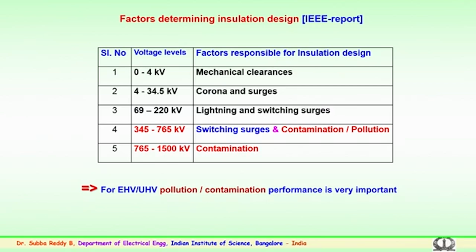So, for EHV, UHV, that is extra high voltage or ultra high voltage, pollution or contamination performance is a very important aspect for the design of line insulation, and we will be looking into this contamination, how serious, how it happens, the physics behind the contamination.